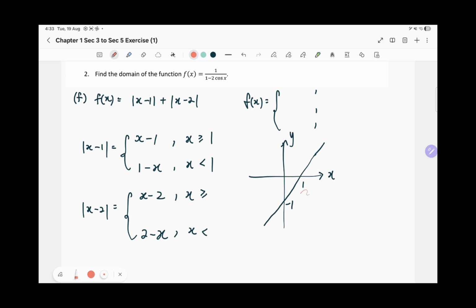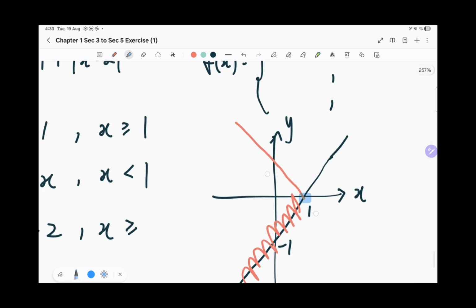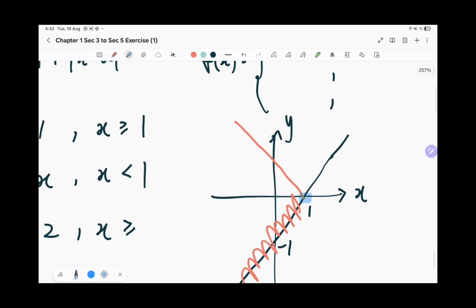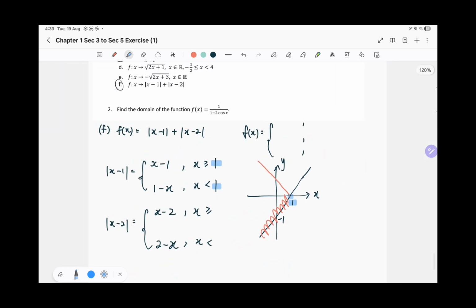So all this negative part here goes to positive like this, and here no more. Then your graph becomes a V shape. So for this graph, the point of reflection is starting from here. This is the point of reflection. And what is the value of it? 1, right? So you write down the 1 here. So it's where the point of reflection happens.